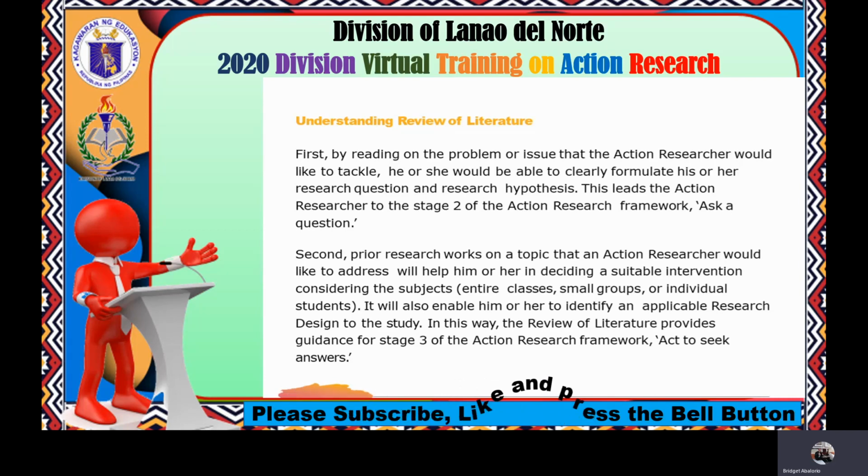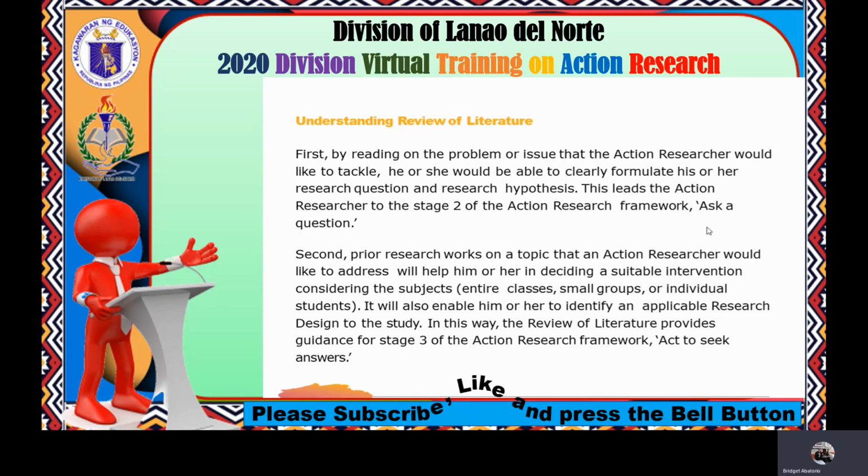So those are the examples of the research questions, and stage 3 is act to seek answers. So the suitable intervention that I found suitable to the problem is role playing. Okay, it is clear now, from the research questions or research hypothesis down to an intervention to be conducted.